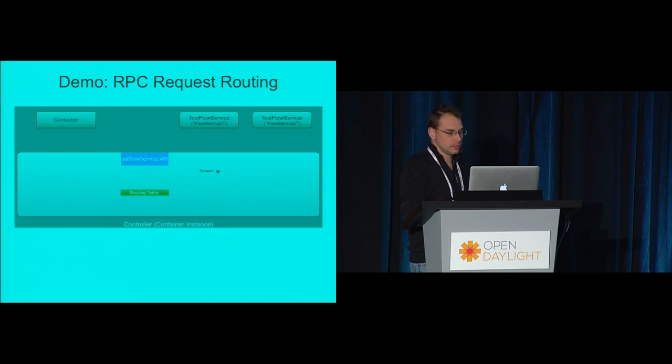So this shows more pictorially what's going on. Imagine the code was generated and is reloaded. Now what happens? When the test flow function is called, the sal flow service API gets invoked.